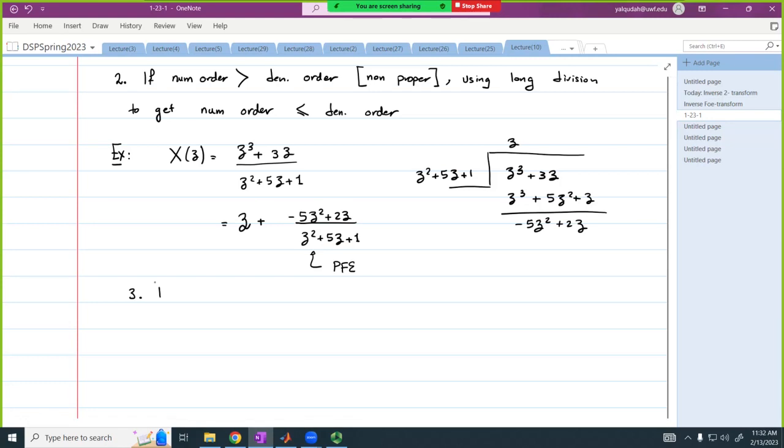Okay. The next step, we're going to divide x of z by z, and we're going to expand x of z divided by z into partial fractions.